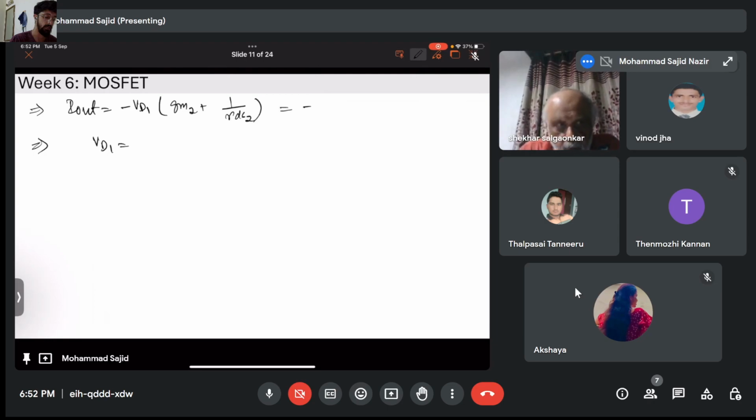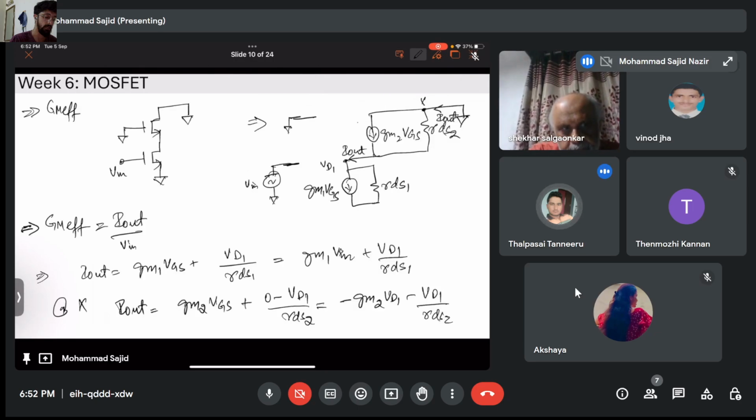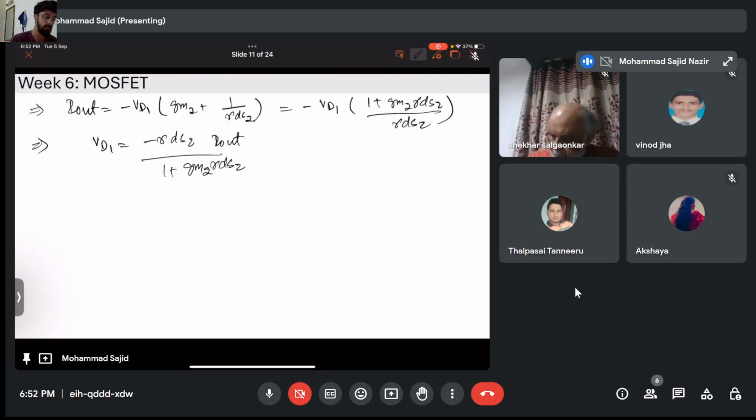Let's write it in the simplified way. This will be 1 plus GM2 RDS2 divided by RDS2. So VD1 is RDS2 divided by 1 plus GM2 RDS2, times I out. Correct? Now going back to equation 1, this is equation 2.